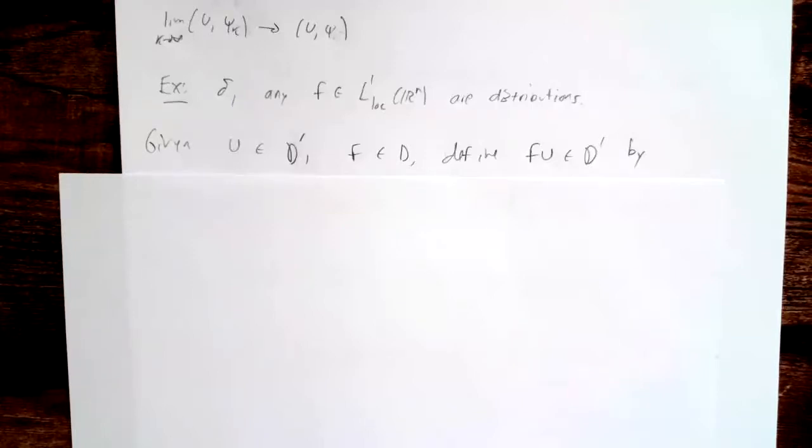It's possible to multiply a distribution by a function. So they're not just a vector space over scalars, but a vector space over functions. So given u in the space of distributions and given a test function, you can multiply them together.